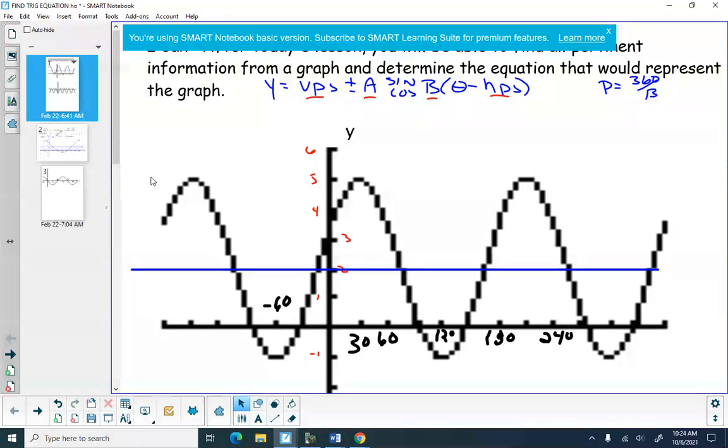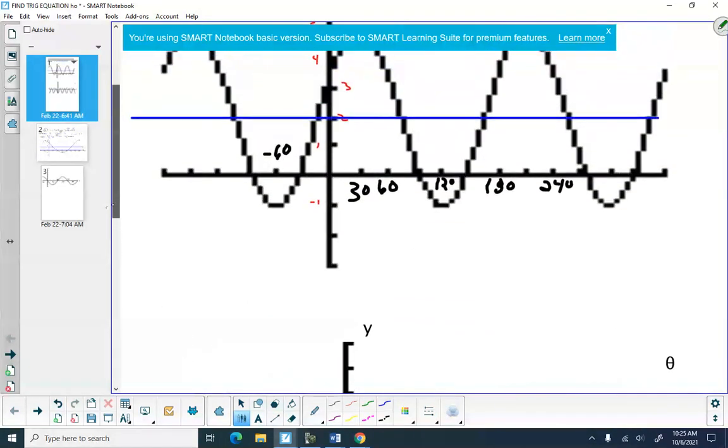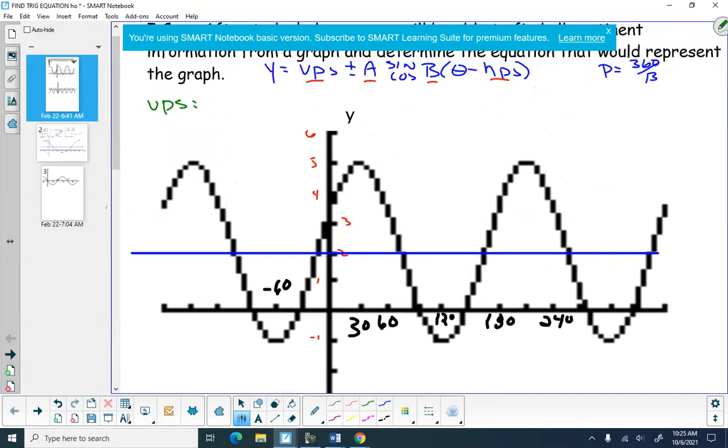So that would be my vertical phase shift. Vertical phase shift is a value of 2. I'm still looking for the amplitude, the period, and the horizontal phase shift.